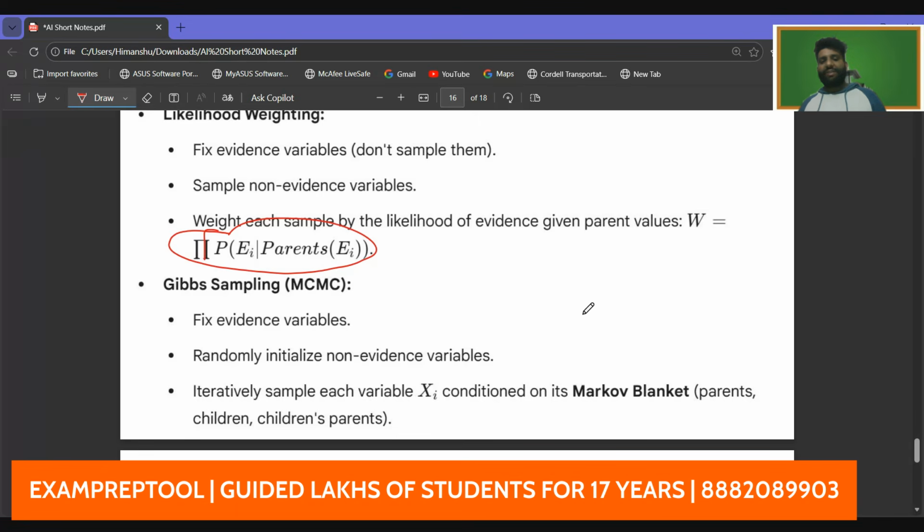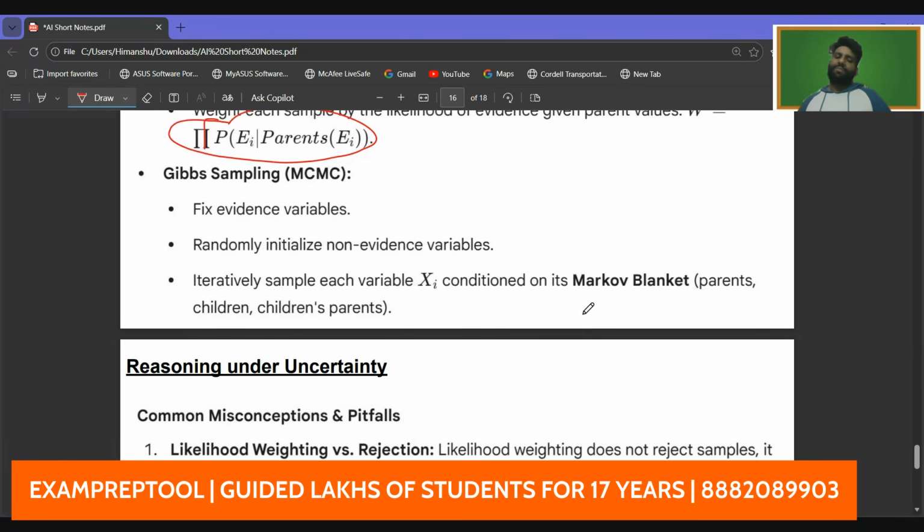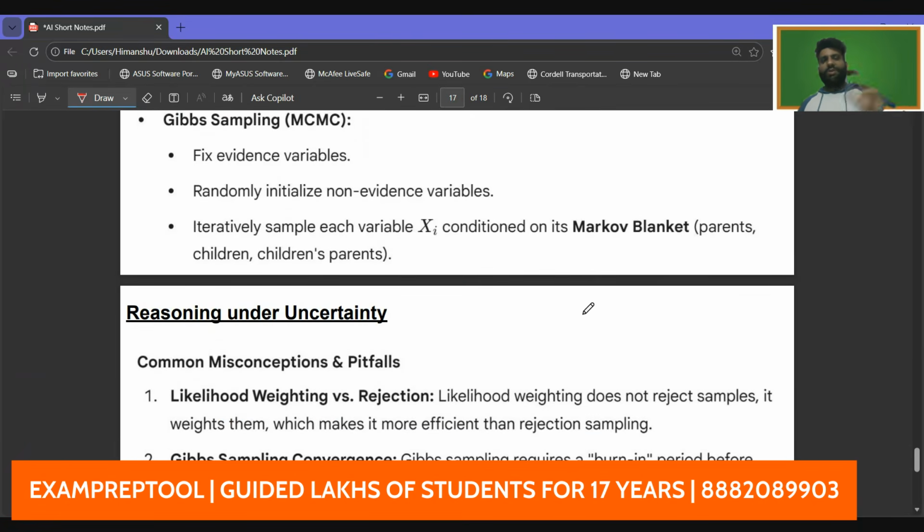So we iteratively sample each variable conditioned on the previous values and the parents, and then we get these samples. This is how we calculate the sampling, and that's how we come up with the posterior probability value.